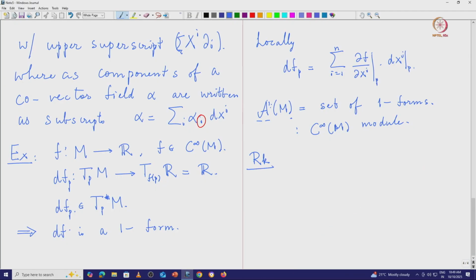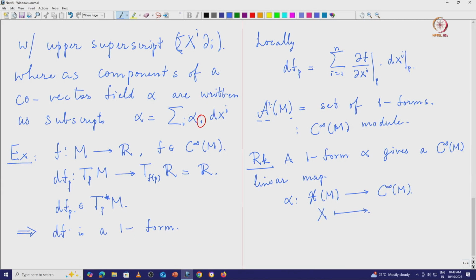Alright, an important remark is that a one form alpha actually gives a C infinity of M linear map from the set of all vector fields to the set of all smooth functions. So a vector field X gives you alpha applied to X, that's a smooth function. What is alpha applied to X?